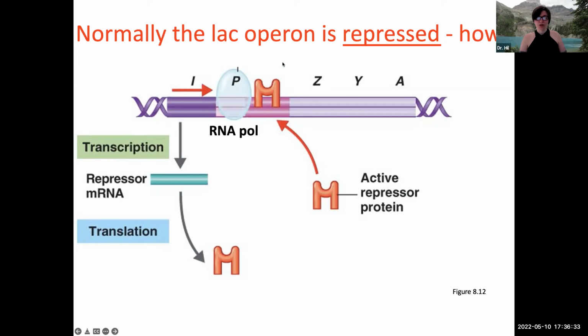What should be the cue to remove the repressor and allow transcription? What should be the environmental cue to remove the repressor and allow transcription of these lactose metabolism genes?